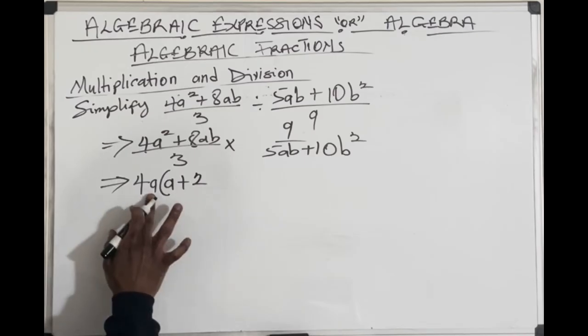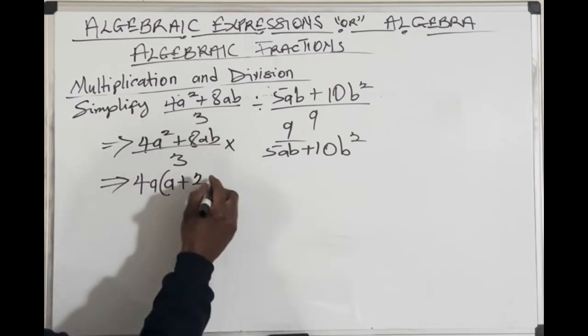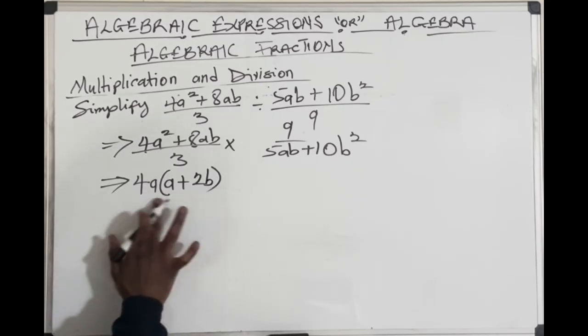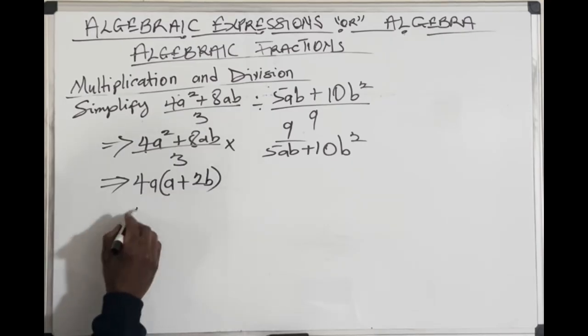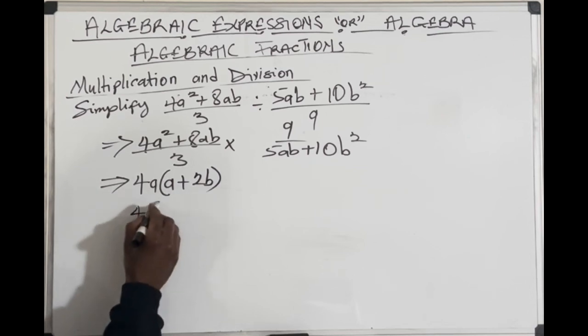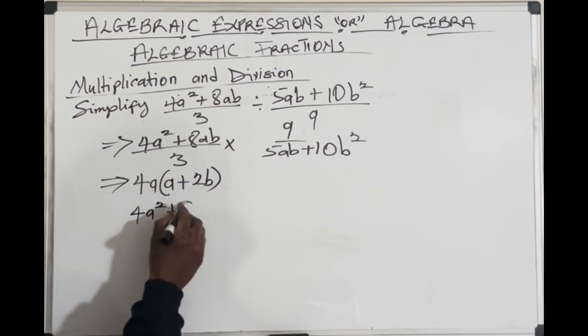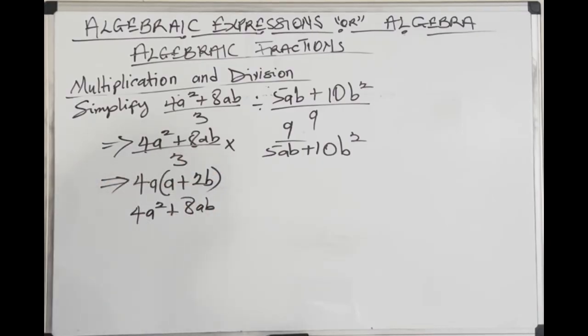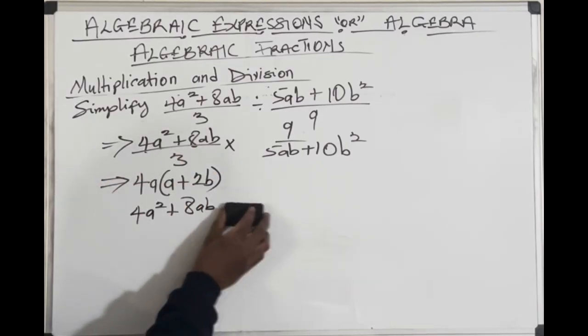There is already an a here, but there is no b, so we just put b. If we work this out, 4a times a is 4a squared, plus 4a times 2b is 8ab. See, we've gotten the same thing. So that is factorization.